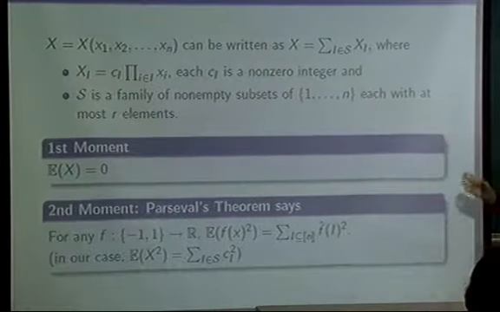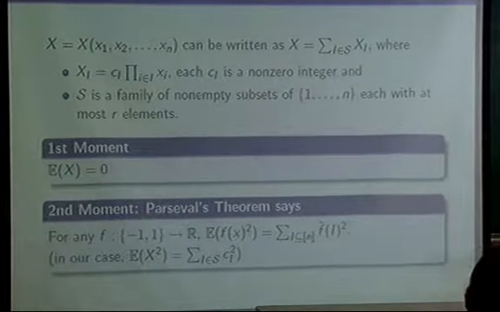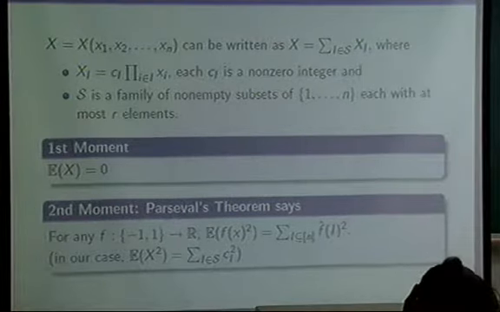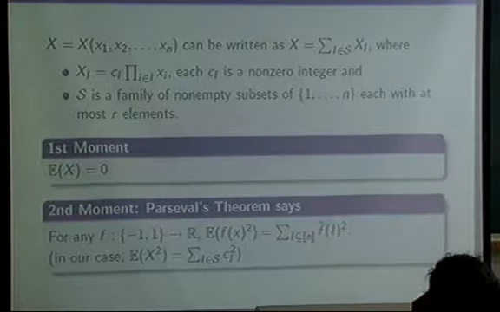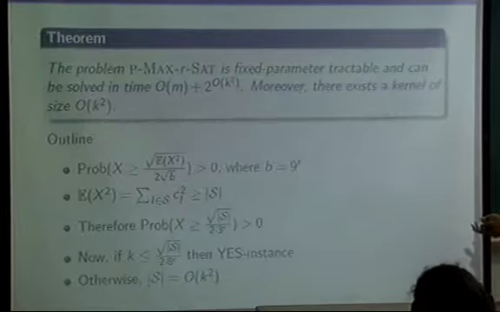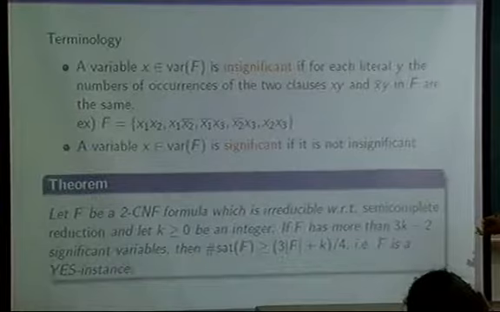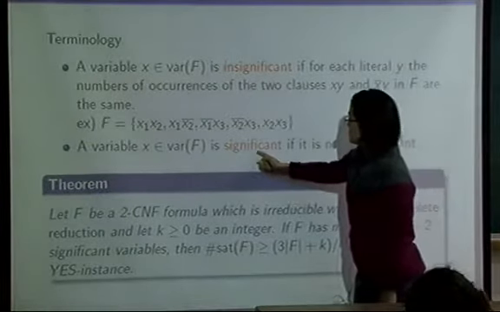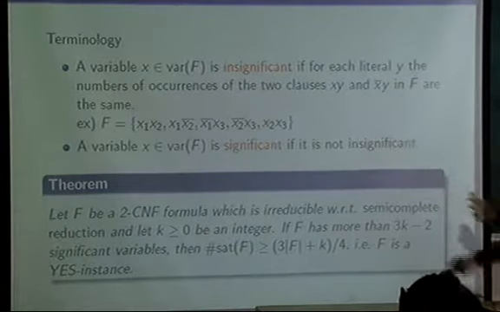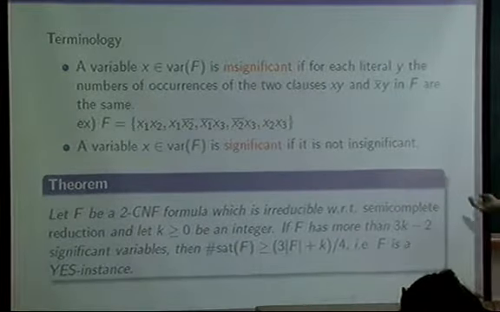That is, these variables do not affect the number of satisfied clauses. Whether you set it equal to 1 or -1, it does not affect the whole solution. So we can ignore them. And significant variables are those that are not insignificant.